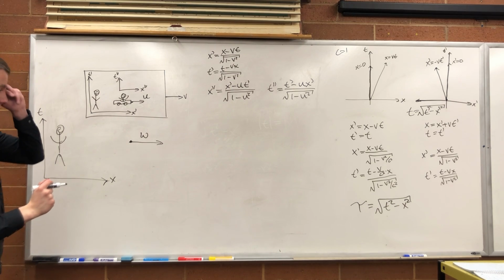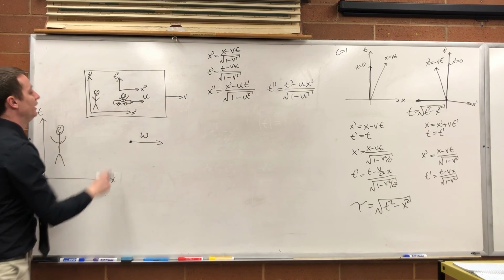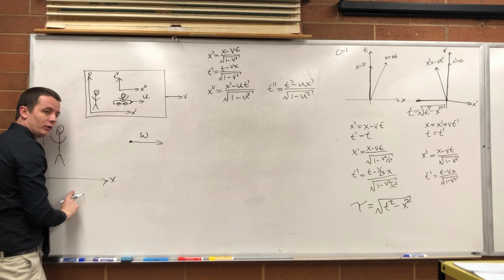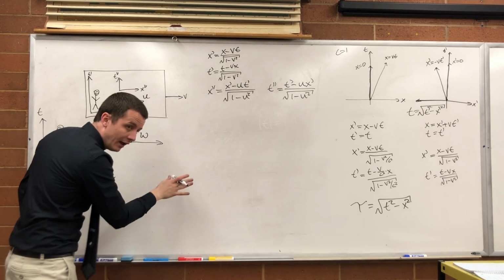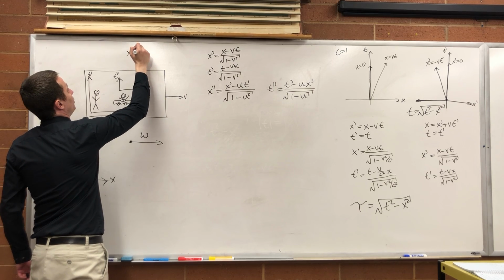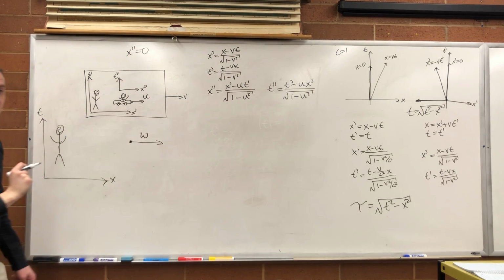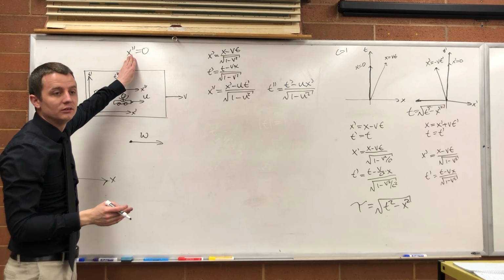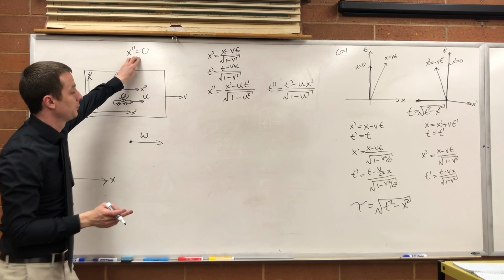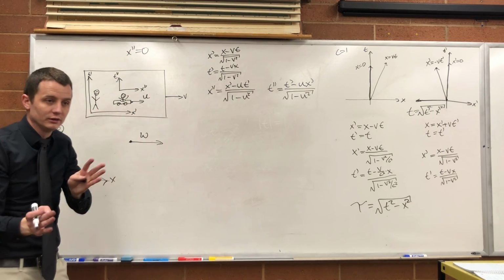Okay, so what we're interested in is how fast my child is moving in your reference frame. Now, my child's position, according to them, is x double prime equals 0. That's where they are, to them. So we need to rewrite x double prime equals 0 using your coordinates.